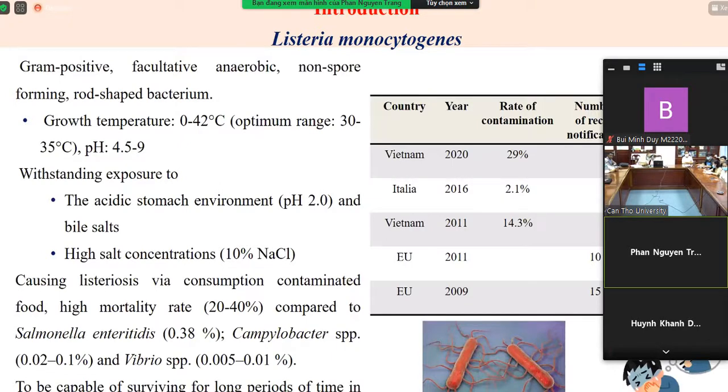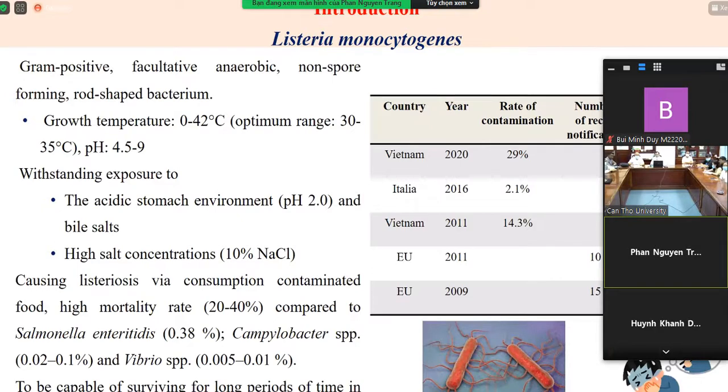Let me introduce a little bit about Listeria monocytogenes. As we know, Listeria is a gram-positive bacterium, and it can grow at low temperatures, even at 0 degrees. Listeria can withstand acidic environments and also high salt concentrations.